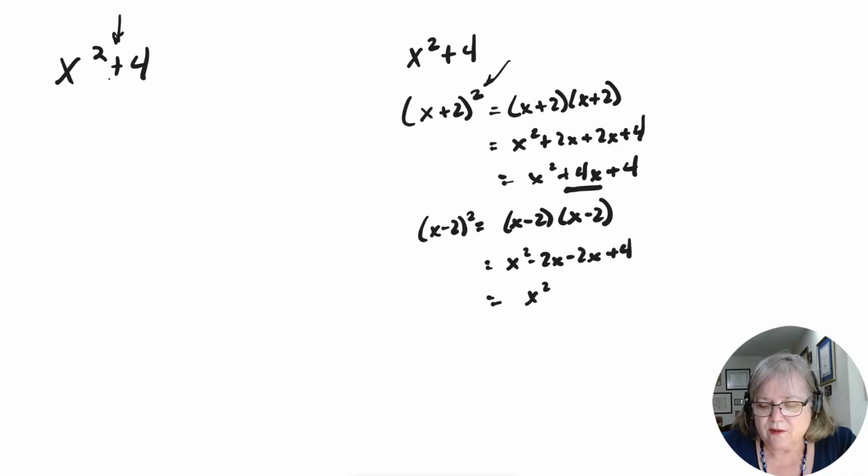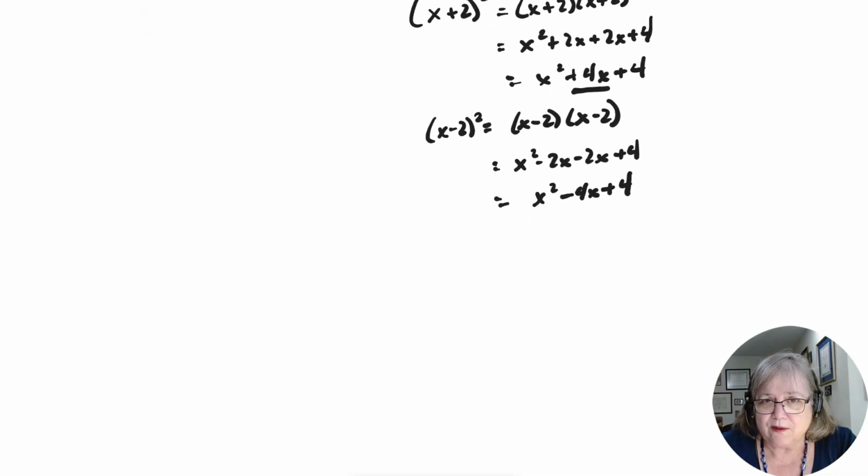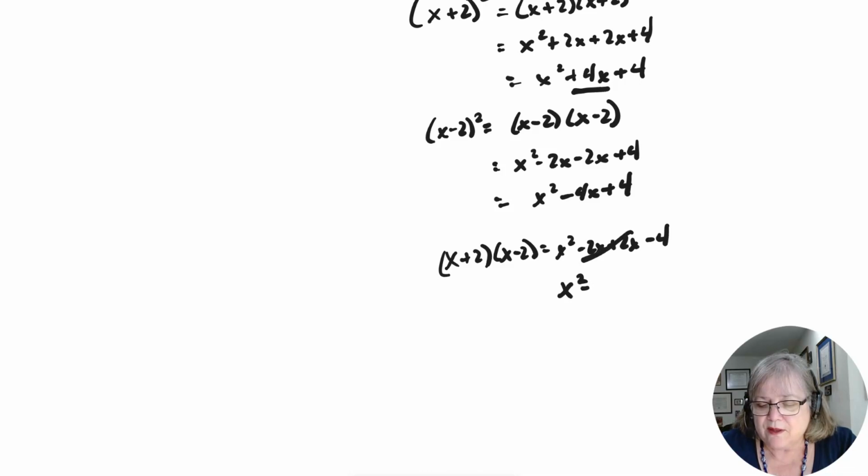And you'd have x squared minus 4x plus 4, which, we're not looking for a minus 4x. And if you try to do this conjugate thing, you would have x squared minus 2x plus 2x minus 4. So you would have the difference of two squares.